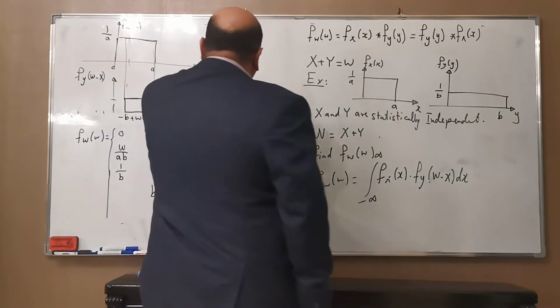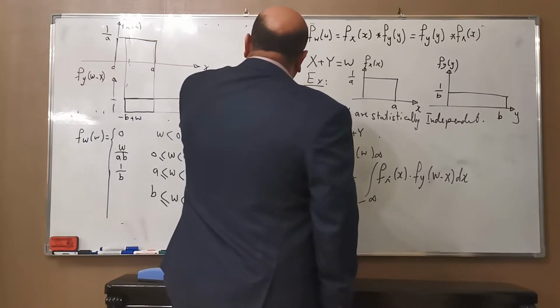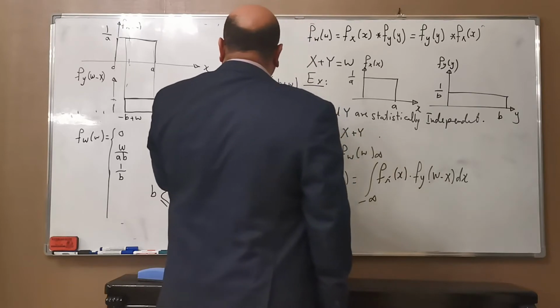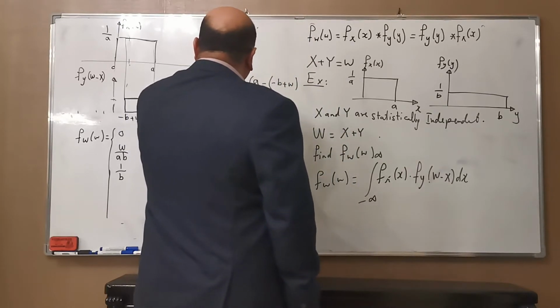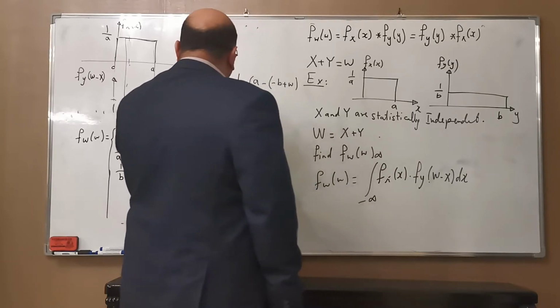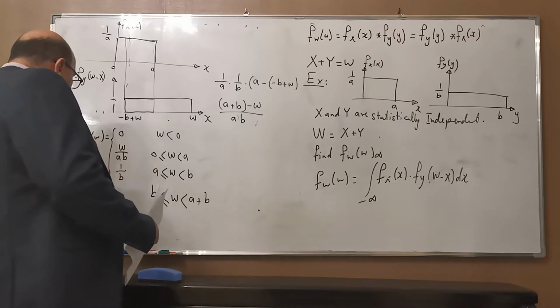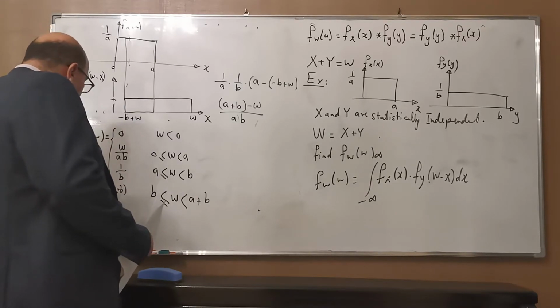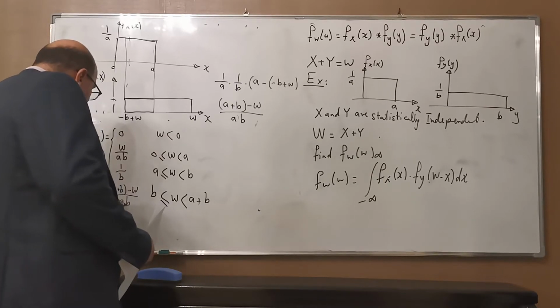The width here is a minus (minus b plus w). So this is equal to a plus b minus w over ab. Yeah?